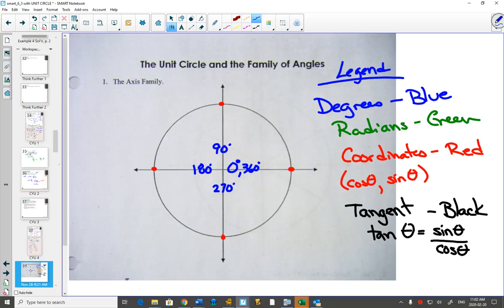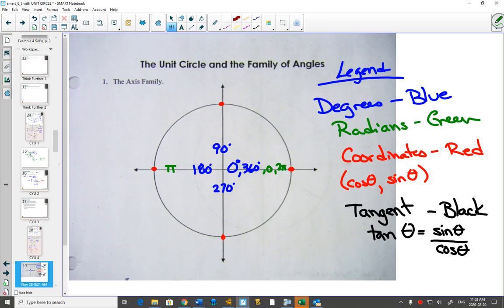Now we look at those same angles in radians. Now 0 is 0 radians, but also 360 all the way around is 2 pi. 180 degrees is pi.